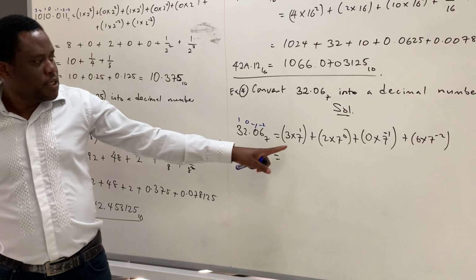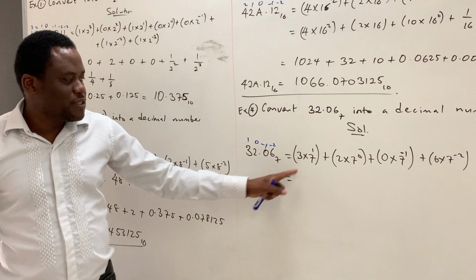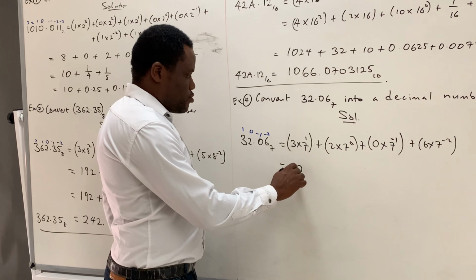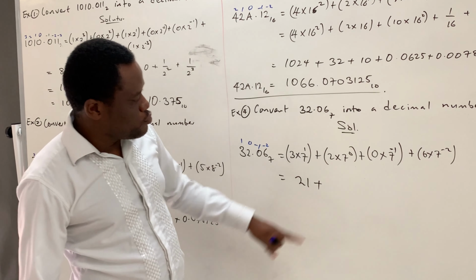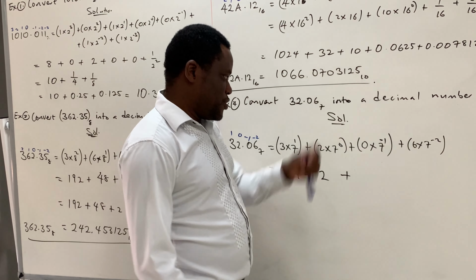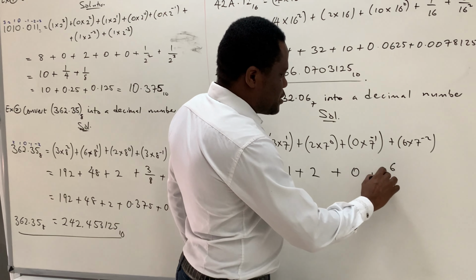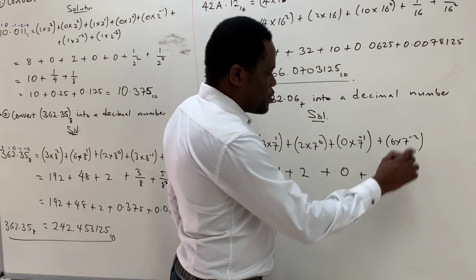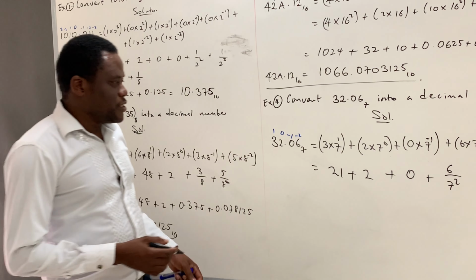Okay? 7 power of 1 is 7. 7 times 3 is 21. Any power of 0 is 1. 1 times 2 is 2. This is 0, so obviously this will be 0. And this is 6 divided by 7 squared, that is 6 divided by 49.